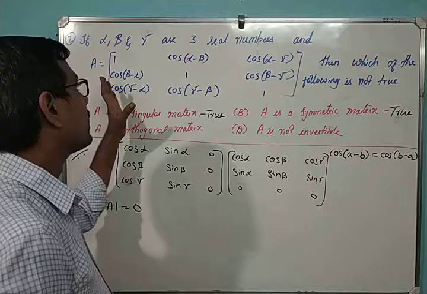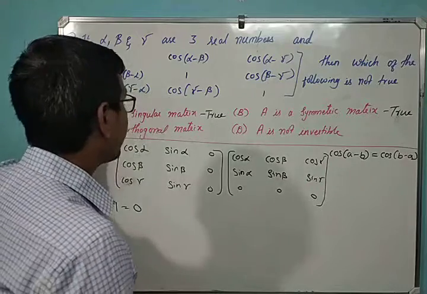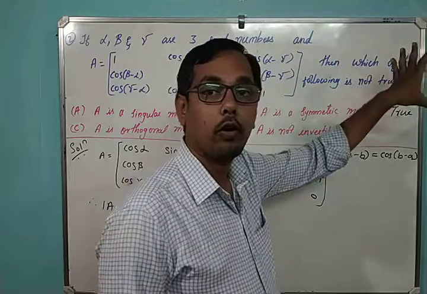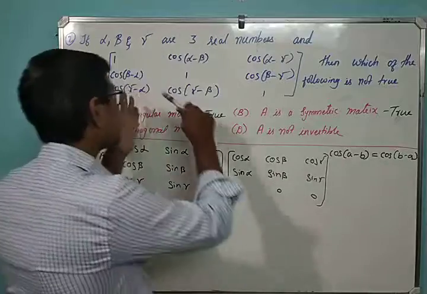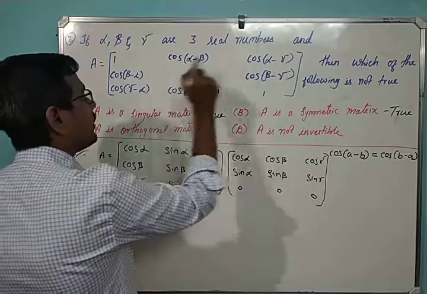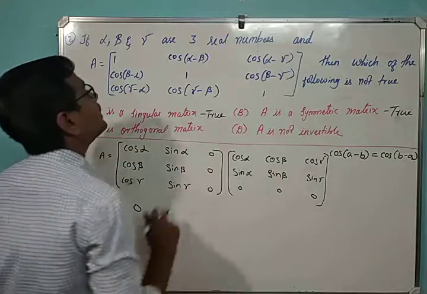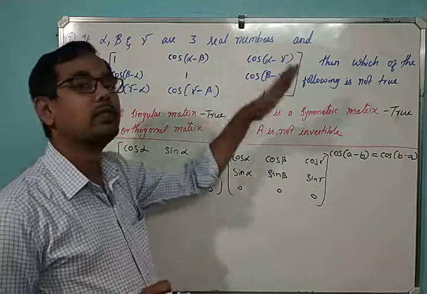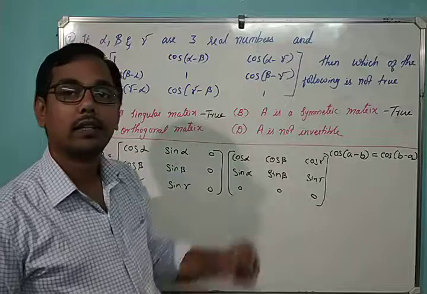A transpose is what? The same thing will be expressed in the form of transpose of this, where rows will be converted into columns. So this first column will become the first row, then the second column will become the second row, the third column will become the third row.